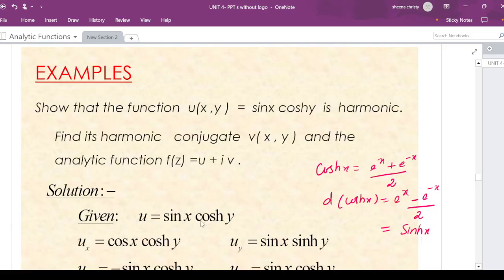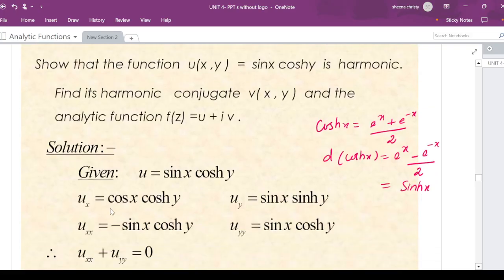Likewise, you have to find out the second order partial derivative of ux with respect to x again. Differentiation of cos x is minus sin x into cos hyperbolic y, and differentiation of uy with respect to y again will give you sin x into differentiation of sin hyperbolic y. So we know that sin hyperbolic x is e power x minus e power minus x divided by 2.